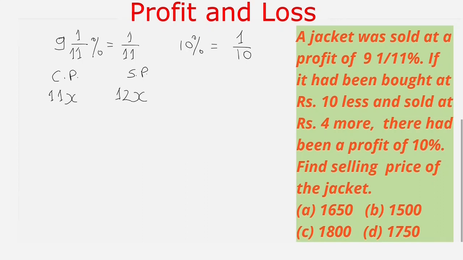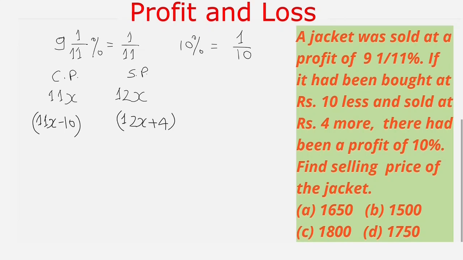Now it is given that the purchase price is reduced by 10, so it comes out to be 11x minus 10. And the selling price is increased by rupees 4, so this comes out to be 12x plus 4. By doing this, the profit becomes 10%.